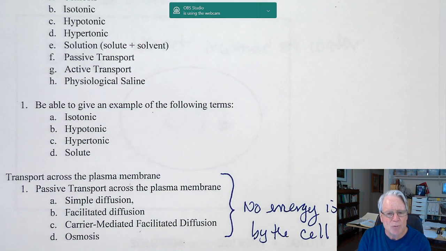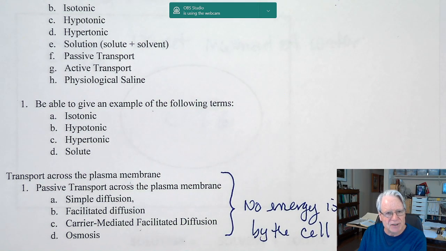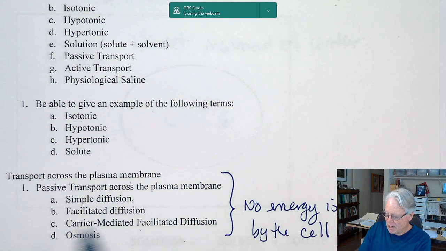We're trying to figure out which solution has the highest concentration of water. But notice that the terminology we are given to describe those conditions makes us focus on the solutes, not the solution.